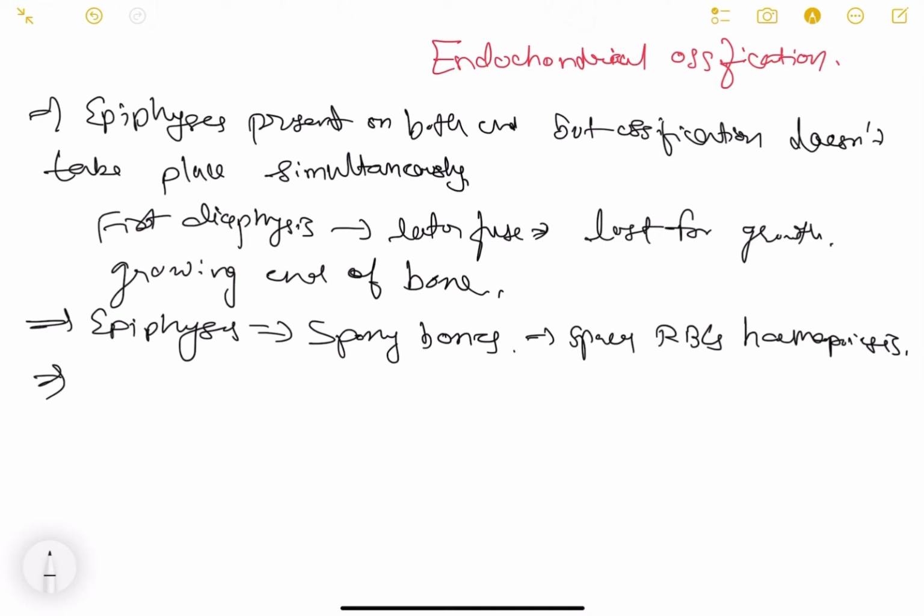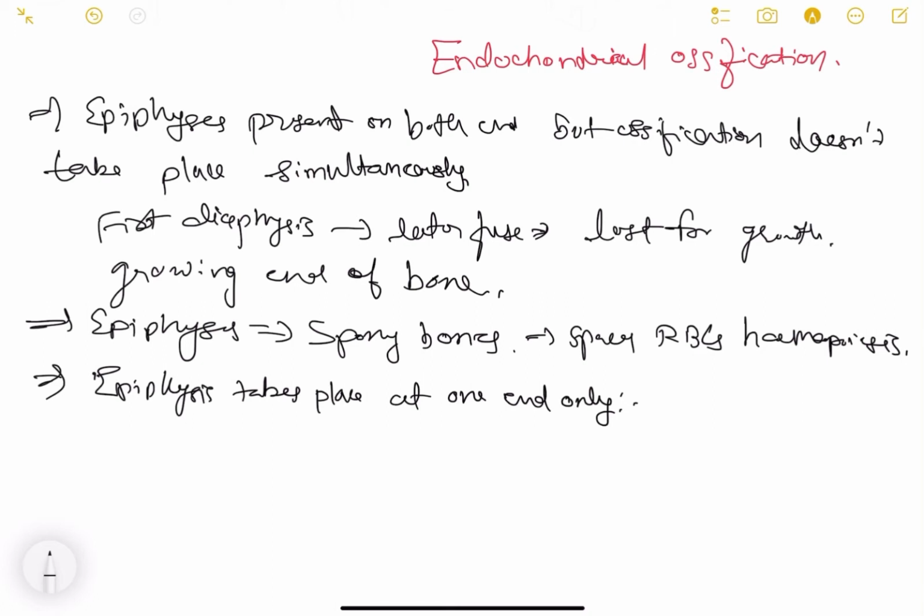Now next, remember this is important, can be asked in viva, can be asked in 1 mark. There are certain bones where epiphysis takes place at one end only. I have told that first one end fuses, then the second end fuses, but in this type of bone only one end is present, the second end is not there.